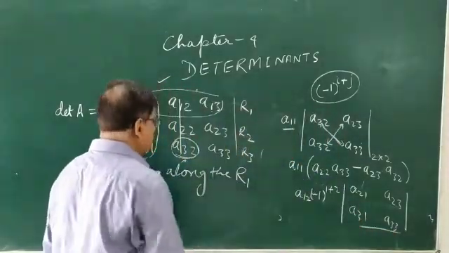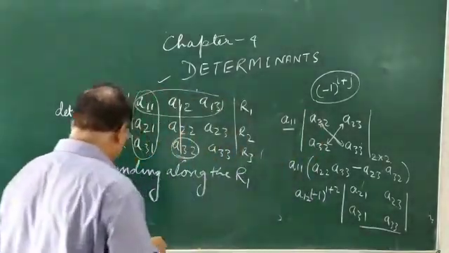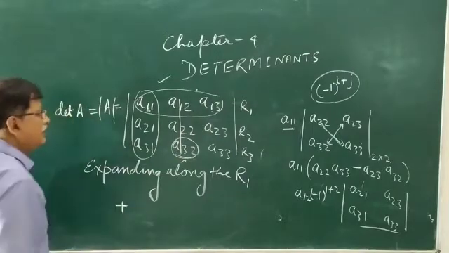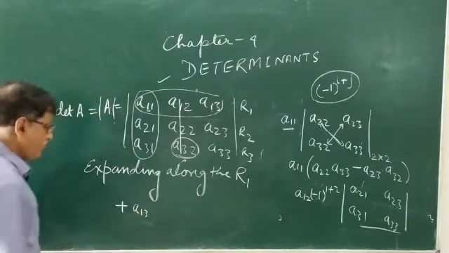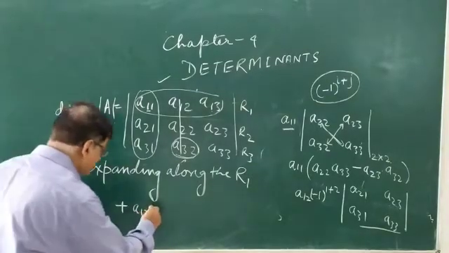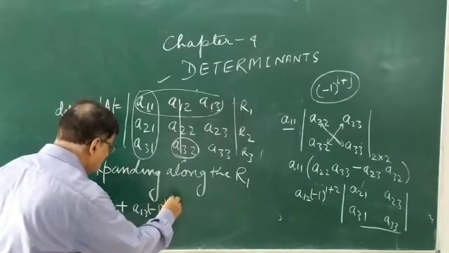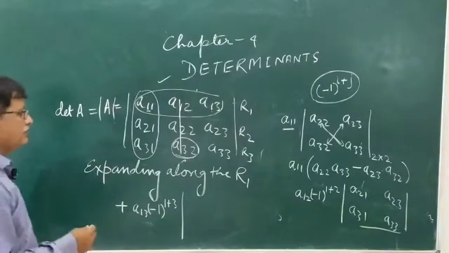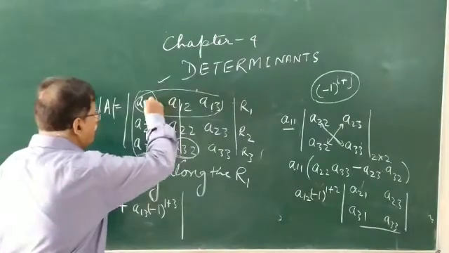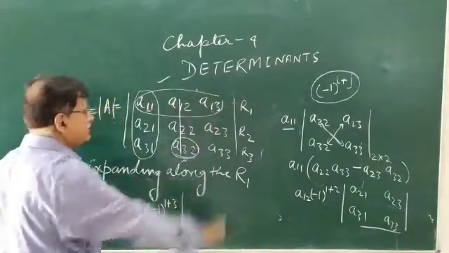Now for the third element. For the third element you see here. First you write the third element of first row, A13. Now check the sign of this position of element 1 plus 3, and then you write the 2 by 2 determinant, order of 2 by 2, the same way first row and third column, just hide it or delete it.